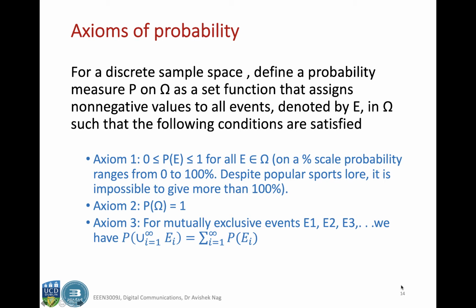And then if you have mutually exclusive events E1, E2, E3 and so on, you have this particular relation: the probability of the union of all the mutually exclusive events gives you the sum of the individual probabilities of those events.